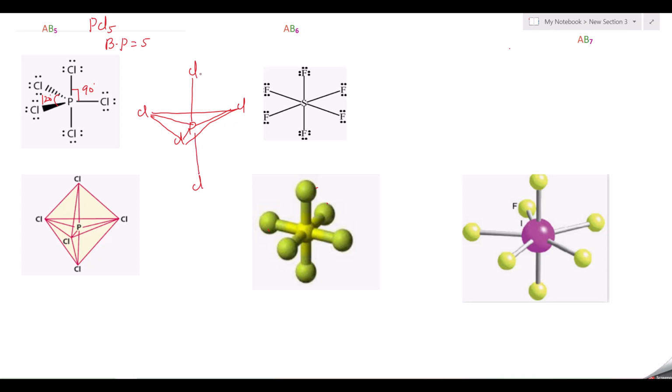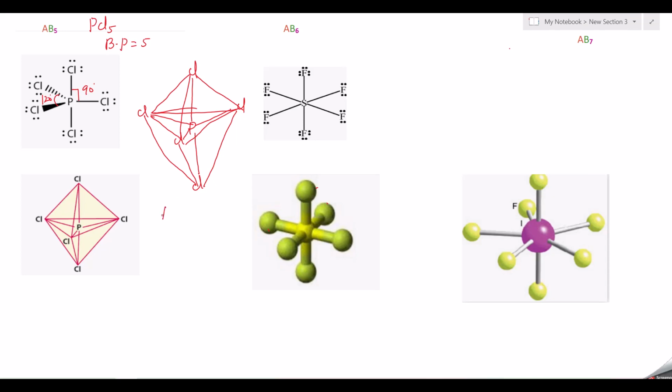So when this chlorine connects to the other chlorines, they will make a pyramid at the top of this triangle. Similarly, when you connect this chlorine with the remaining chlorines, you will get another pyramid at the bottom. So you will have a triangular shape at the center, one pyramid at the top, and the other pyramid at the bottom.